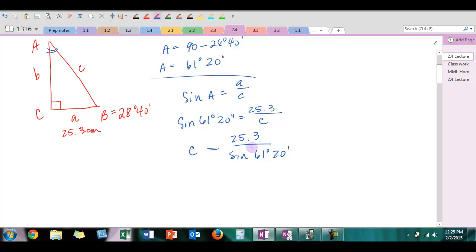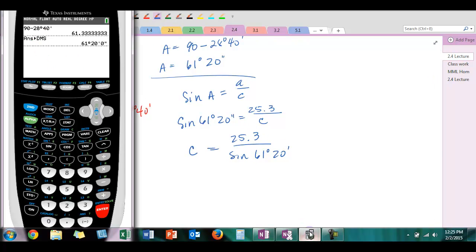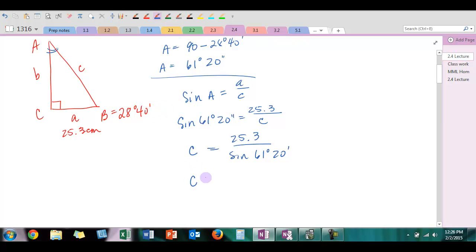So from this point, I'm just going to let my calculator do those values for me. So it's going to be 25.3 divided by the sine of that angle, and I'm going to be lazy and just recall it. Hit enter, and I find out that side C is 28.8 centimeters. So that's the second side in my triangle.